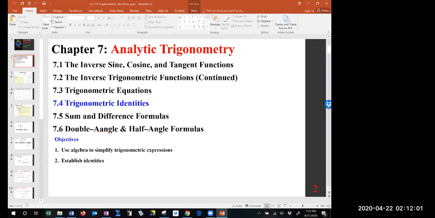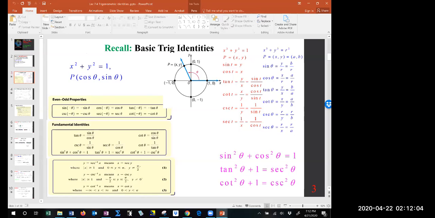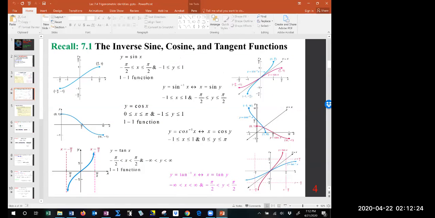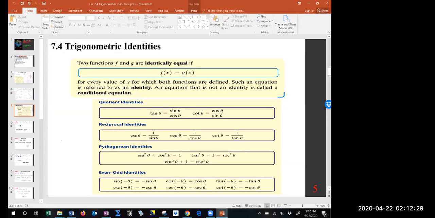What we have done so far, we've dealt with some basic identities known as Pythagorean identities, reciprocal identities, even and odd properties, inverse sine functions. We did some equations, and now we are going to look at identities and how we deal with them.